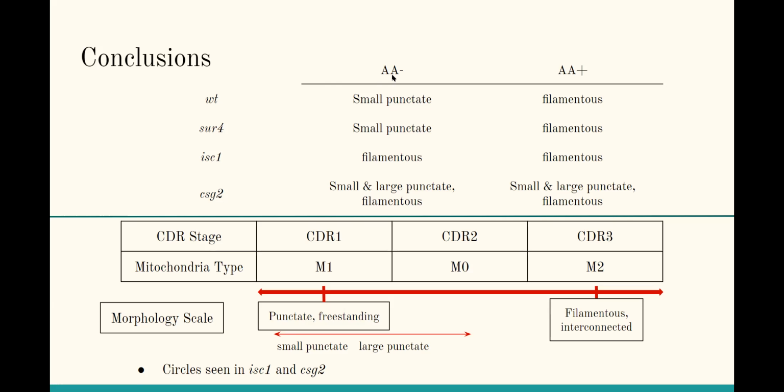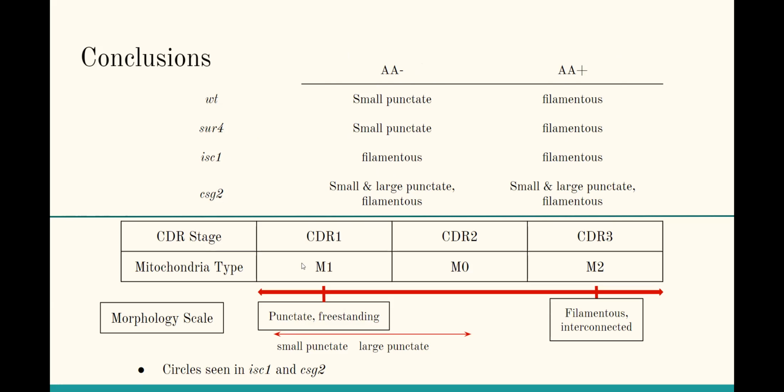Without acetic acid, we saw small punctate in wild type and SIR4, filamentous with ISC1, and all mitochondrial morphologies for CSG2. For acetic acid induction, we saw filamentous in wild type, SIR4 and ISC1, and then again, CSG2 had all of our mitochondrial morphologies, which was really interesting.